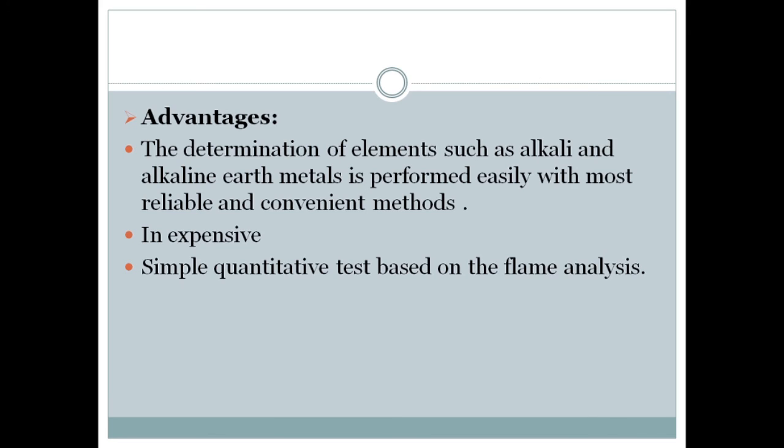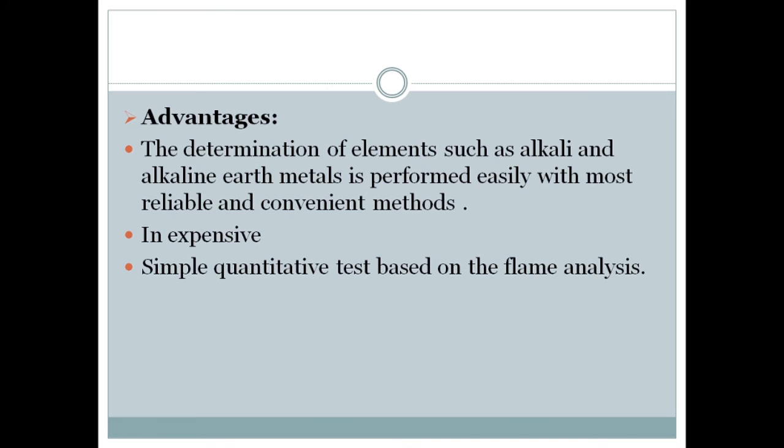Now, it has some advantages and some disadvantages. First, the advantages of the flame photometer. The determination of elements such as alkali and alkaline earth metals is performed easily, with the most reliable and convenient methods. It is inexpensive, and it is a simple quantitative test based on flame analysis.